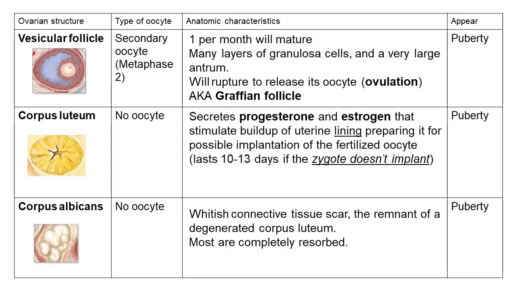Now, after the corpus luteum runs out of gas, you basically have a scar tissue-like unit, and this is called a corpus albicans. What is alba? White. It's just kind of whitish looking scar tissue that happens inside your ovary.